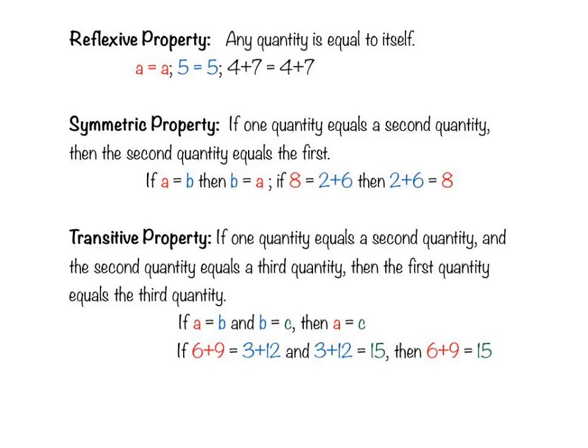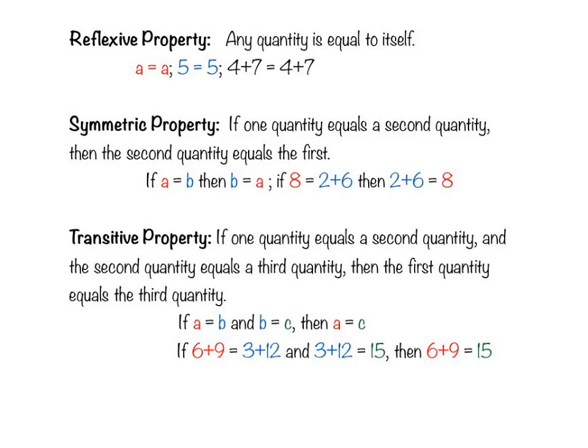Pause the video, take a moment, and copy that down. So let me give you an algebraic example. If A equals B and B equals C, then A is equal to C.